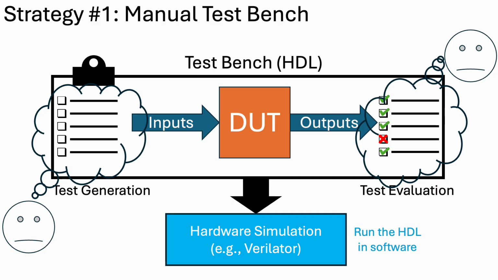You can imagine that this is super labor intensive, and if the designer misses something, it's over. It also just doesn't scale well to larger designs, since it's not possible to think of all the edge cases for a very large design.